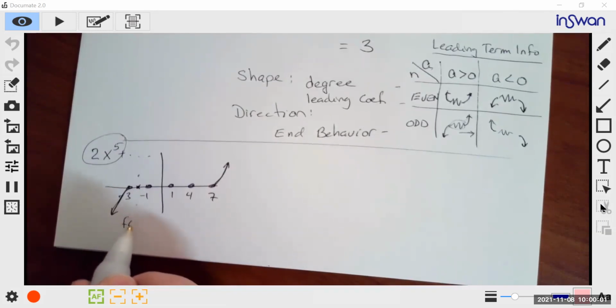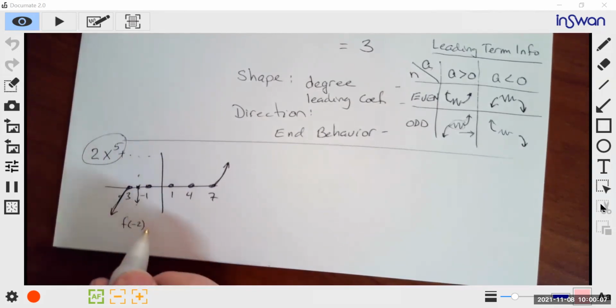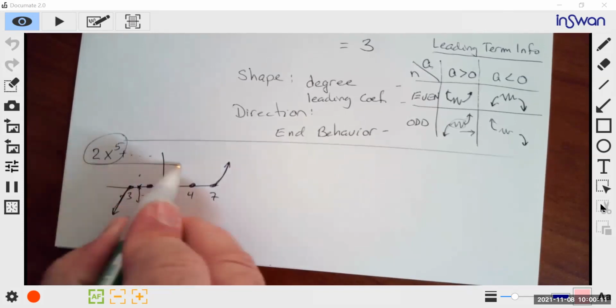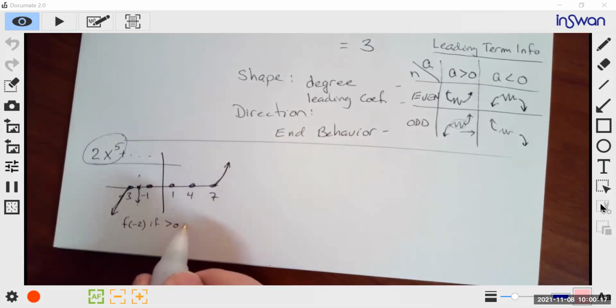So f at -2, we're going to plug it in there, whatever the function is. And if positive, above the x-axis.